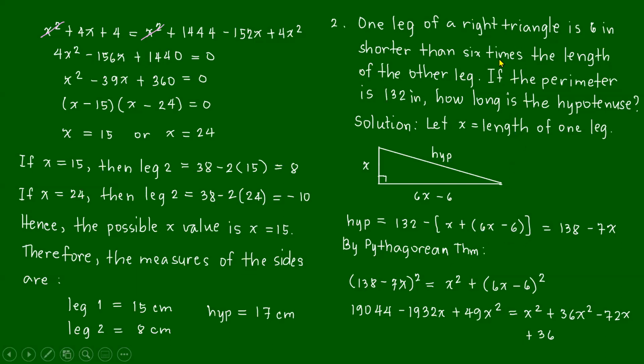Because the other leg is 6 inches shorter than 6 times the length of the other leg. So if x is one leg, the other is 6x minus 6. So square it. Expanding, we get these numbers on the left. On the right, we have this. Kindly check. You can use a calculator if you want.